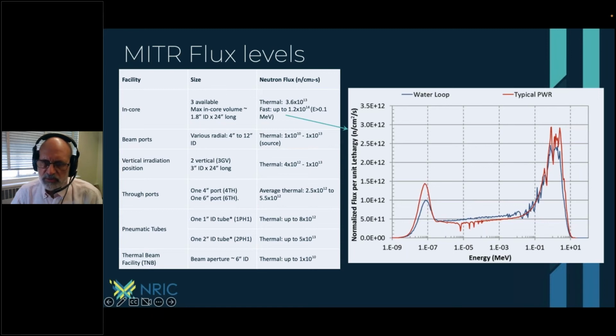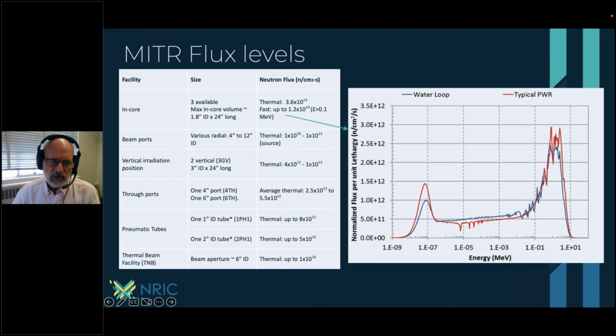We don't have quite as much thermal flux because the core design was actually made to be fairly leaky of fast neutrons, because they're supposed to leak out into our heavy water reflector to feed the beam tubes. But other than that, in the sort of damage producing area, we are pretty similar to a PWR.